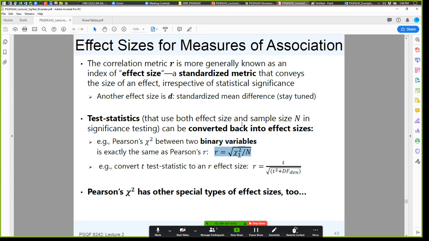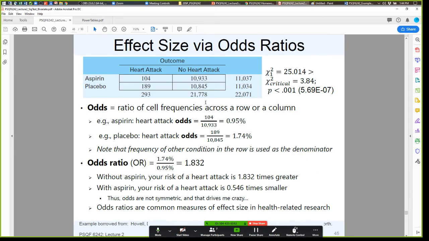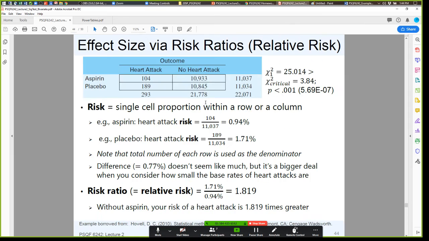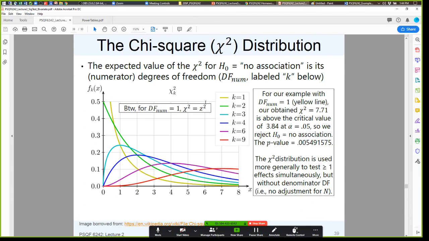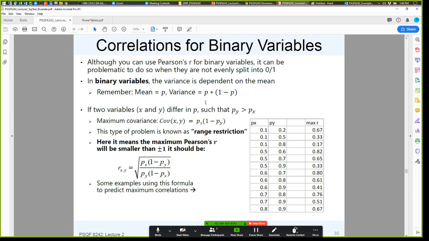However, it is valid, but it's not the best way to measure an association because it is subject to range restriction. Let me find that slide. This one. If you have two binary variables whose means deviate from 0.5, the maximum association that they can show is not 1. It will be some factor less than 1.